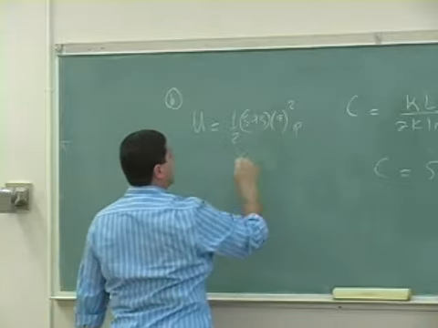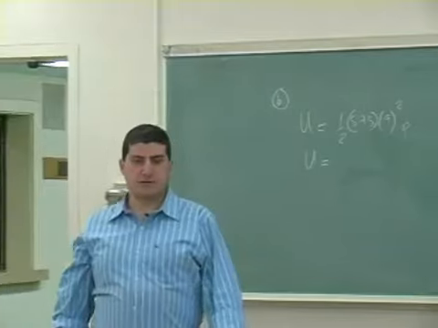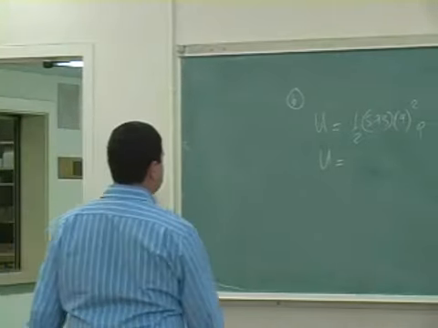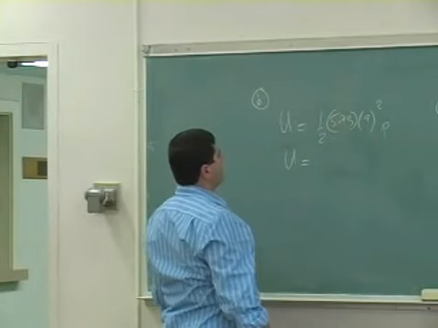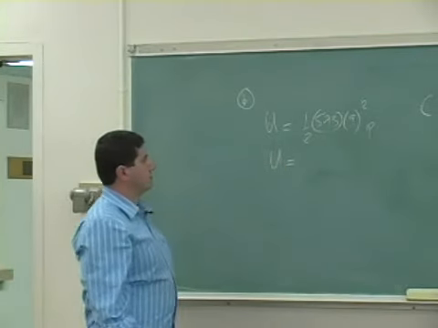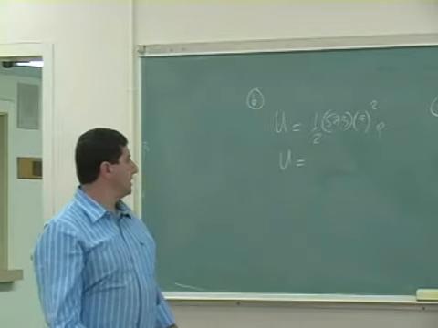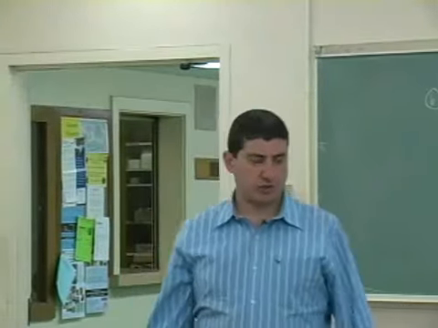That's pico, right? So half CV squared. And now it's going to be 40 times that, so it might get us in the nano range.